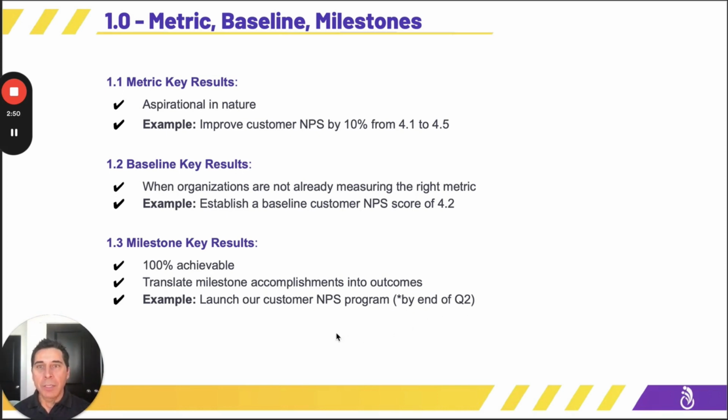Well, if this is a tactical OKR, meaning it's a quarterly OKR, the assumption is that whatever our key result is, in this case launch our customer NPS program, it will be done at the end of that particular quarter, at the end of that particular cycle. So you're welcome to include it, and we do see it, but it's implied at that point.